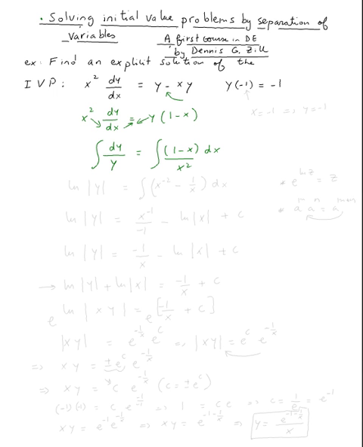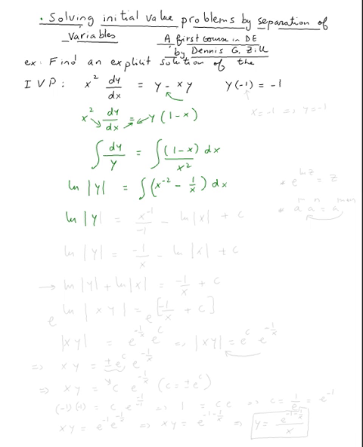Right? Now, how do I integrate this one? The left side is pretty easy. It's ln of absolute value of y. The right side, I have to separate them: 1 over x squared, which is x to the negative 2, minus x over x squared, which is 1 over x, dx.